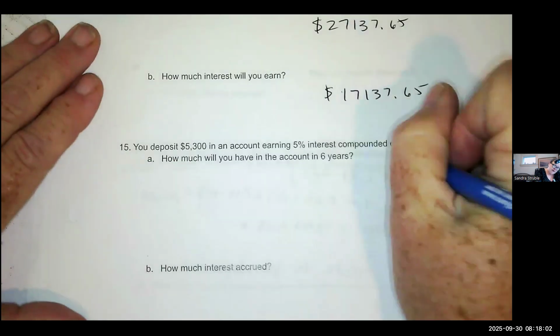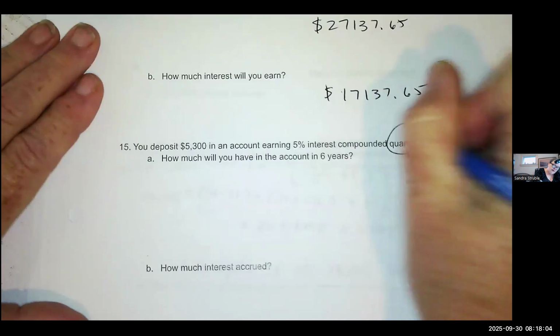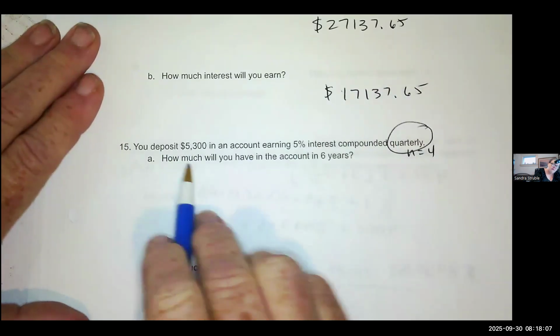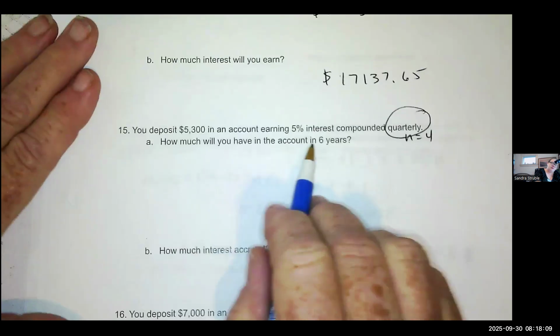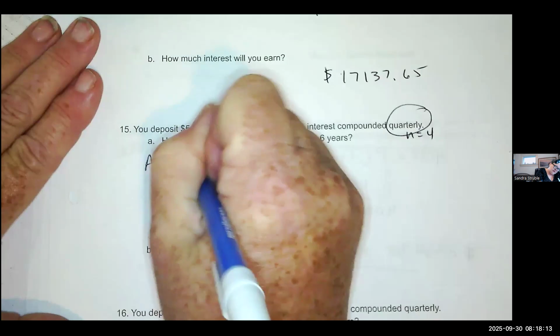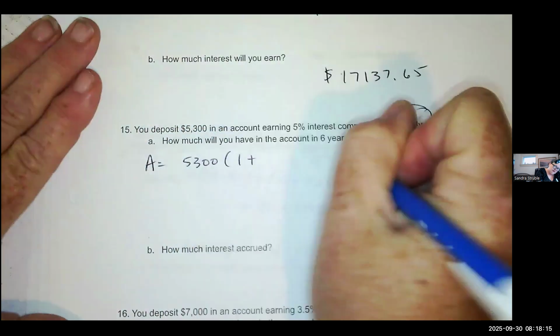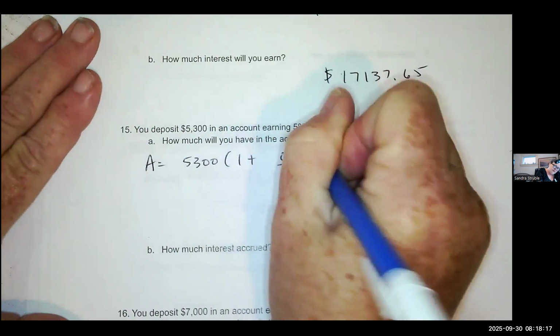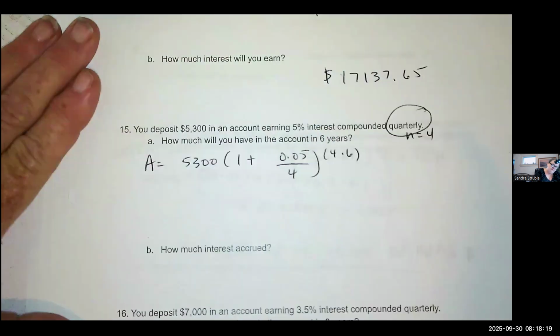Same thing here. Our N is 4 because it's quarterly. Now you deposit 5,300 in an account earning 5% interest. 0.05 divided by 4 raised to the 4 times 6.